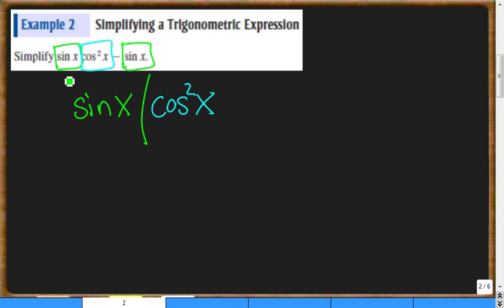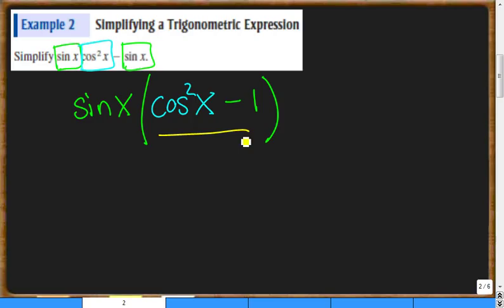I then have to say, okay, what am I left with when I remove the sine from the sine of x? Don't be tempted to say 0, because what we're really doing is dividing it out. We've taken that factor away, so we're still left with a factor of -1. So this is the beginning of us simplifying this problem.